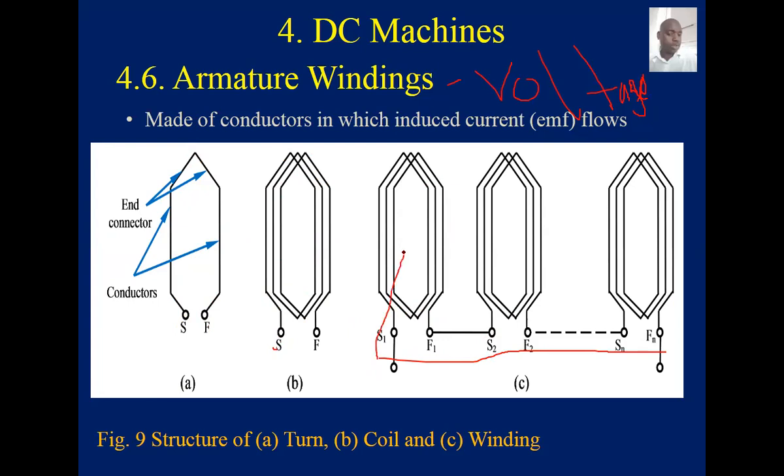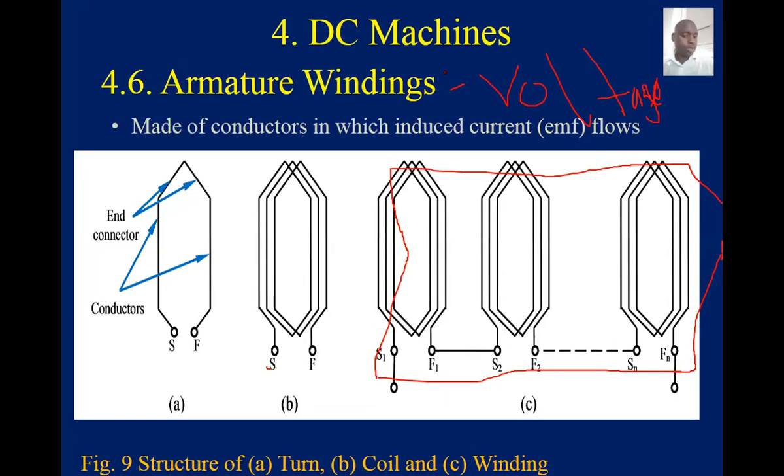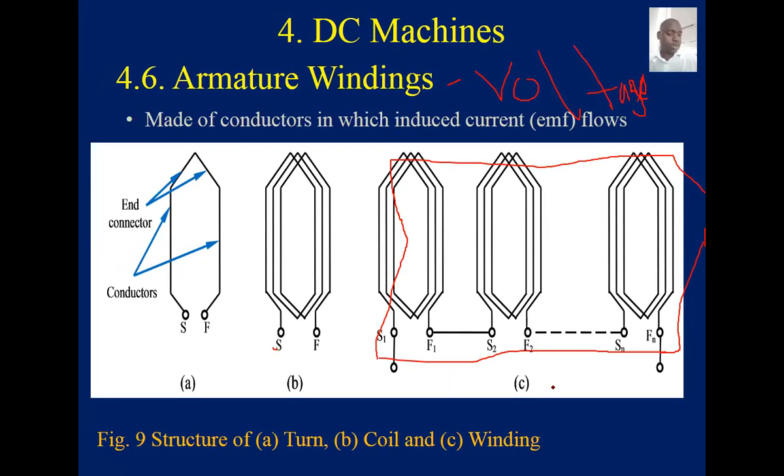So in our machine, we don't have a single coil. So we talk about windings in terms of machines. These windings will be positioned differently in the machine, and that will also determine the type of machine and what we expect in its operation. So this is a turn, this is a coil, and this becomes a winding.